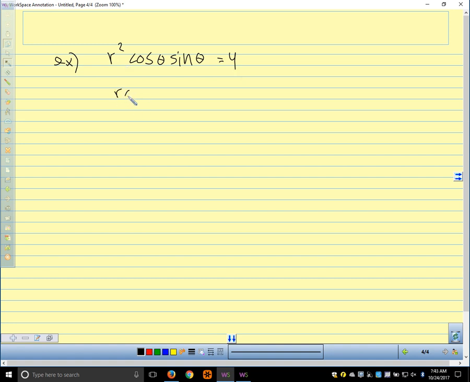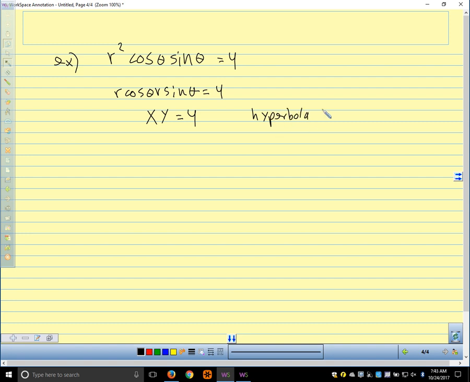So we could rewrite this as r cosine theta, r sine theta equals 4. r cosine theta is x. r sine theta is y. xy equals 4. So what is that thing? It's a hyperbola.